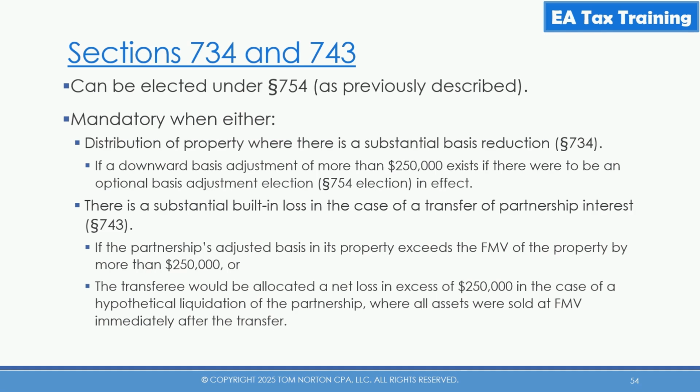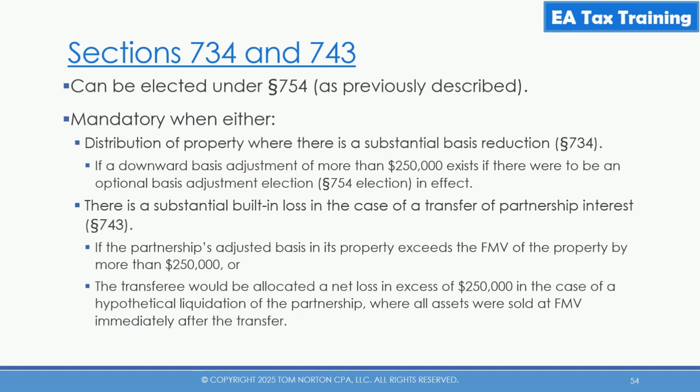Similarly, when you have a transfer of a partnership interest, if there is a substantial built-in loss, you have to adjust the basis. And it's the same numbers, $250,000. So if the partnership's adjusted basis in the property exceeds the fair market value of the property by more than $250,000, that is a substantial built-in loss. You must adjust the basis.